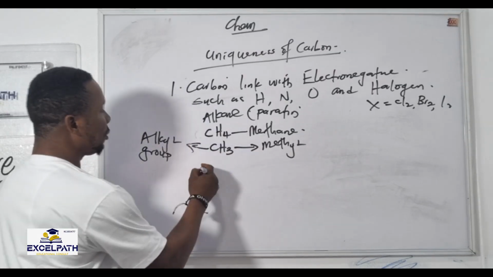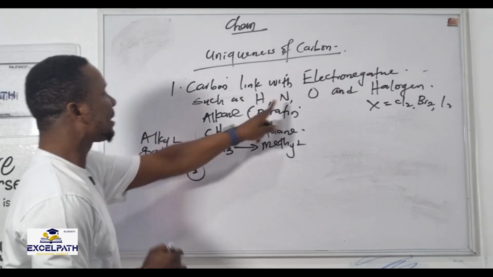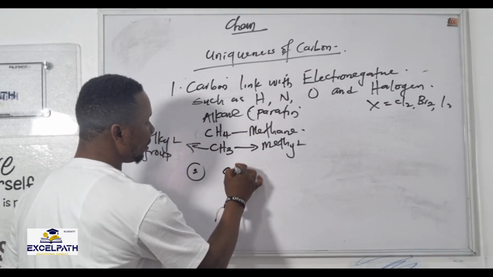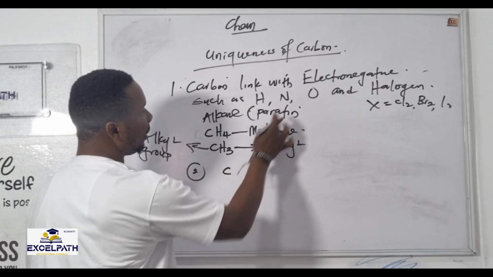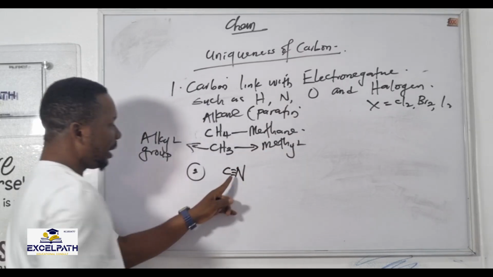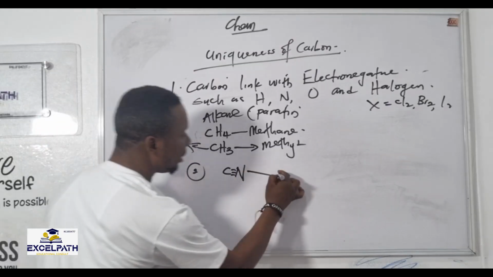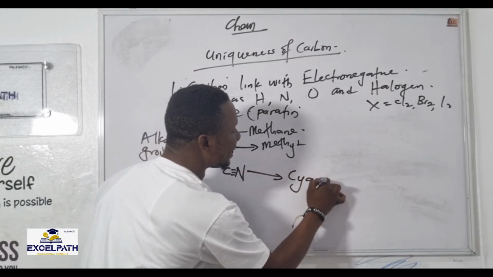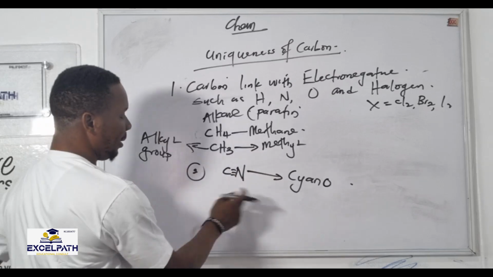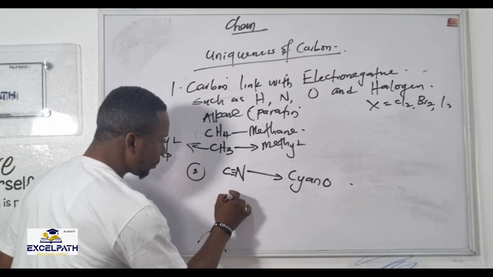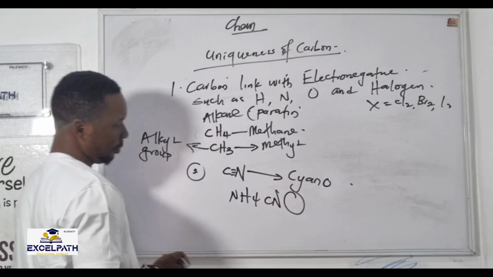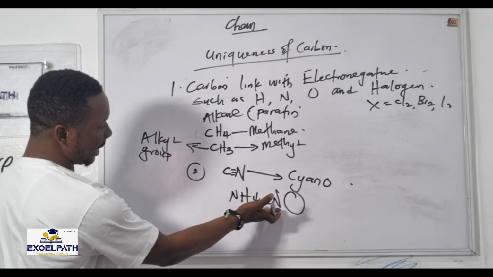Now, for number 2, it links with nitrogen, forming triple bonds. If carbon links with nitrogen, it forms cyanide, the cyano group. Like what happened here, NH4CNO.